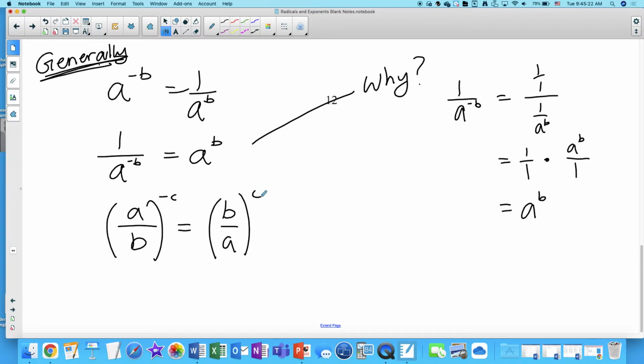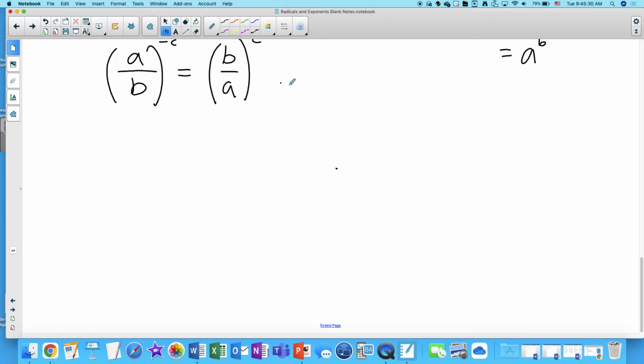Now, why does this happen? Again, it's going to go back to our exponent laws and what we've already learned about negative exponents. So if you expand this, the couple steps that are missing in between is this. This is a over b to the negative c. Now, if a base doesn't have an exponent written in, what is the exponent on that base?